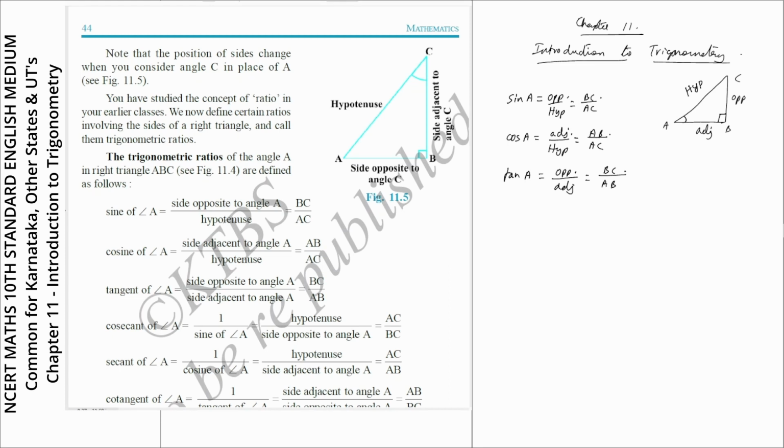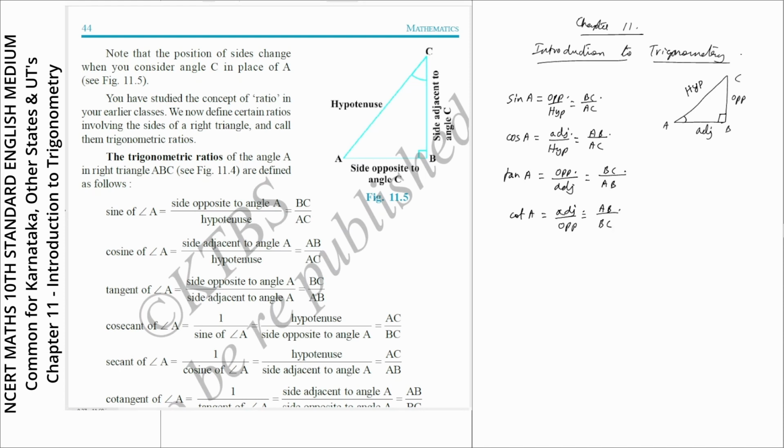Similarly, cotangent of angle A, or cot A, is defined as adjacent by opposite. So adjacent here is AB, opposite side is BC.